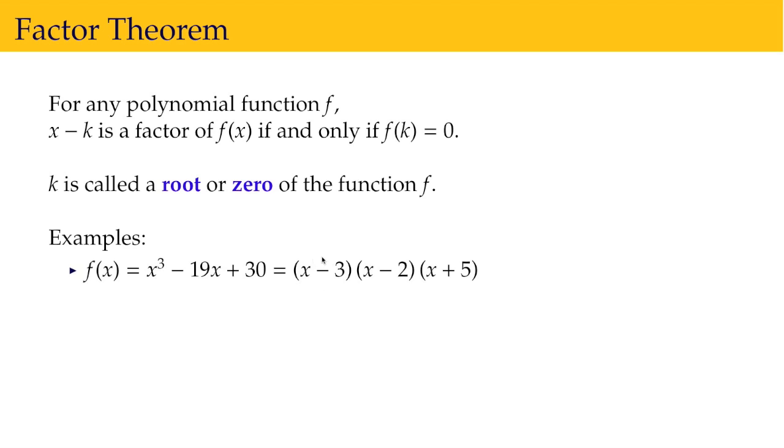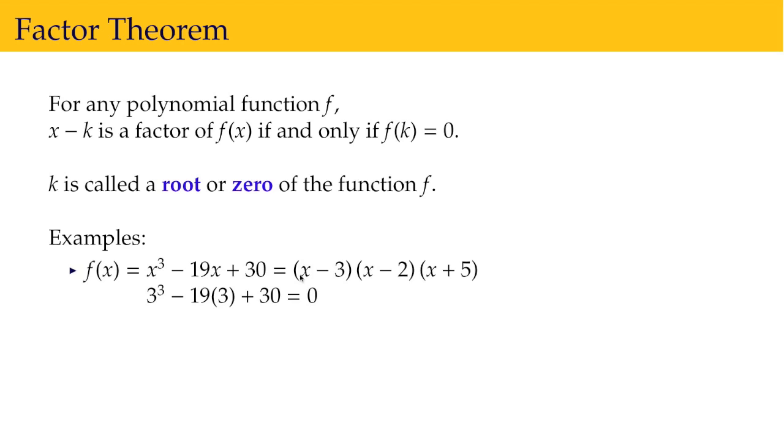And so now we can see clearly that x minus 3 is a factor of this polynomial, which means that according to our factor theorem, f of 3 should be equal to 0. So let's look. 3 cubed will be 27 minus 19 times 3. Well, this is 57, so 27 minus 57 is negative 30, and plus 30, that will indeed be 0.